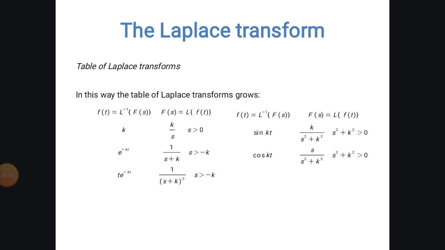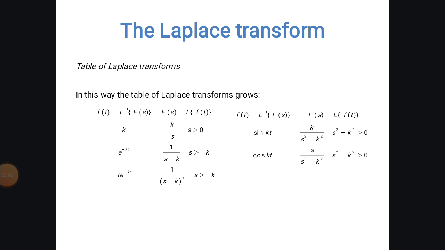Remember this: if your function f of t is k, we have already seen it is k by s, and s is greater than 0. Second, if it is e raised to minus kt, it is 1 upon s plus k, s is greater than minus k. Next, if it is t into e raised to minus kt, it is 1 upon (s plus k) square, s is greater than minus k.